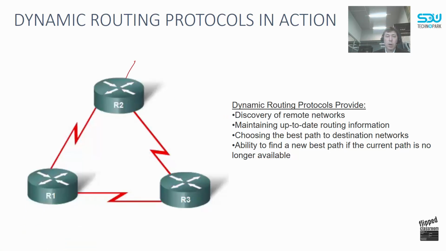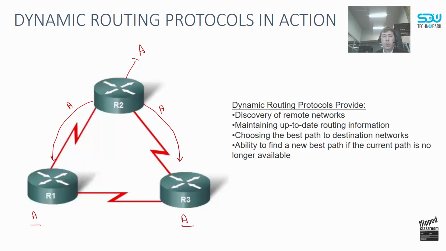In case we have here network A, it is a foreign network for router 1 and router 3. It means that they are not directly connected to that network, and they don't know about the existence of that network. So when router 2 sends information to router 1 and router 3 about network A, then their routing tables will have a value for this network.